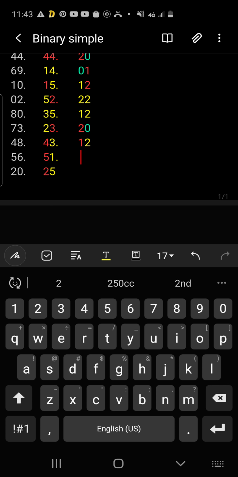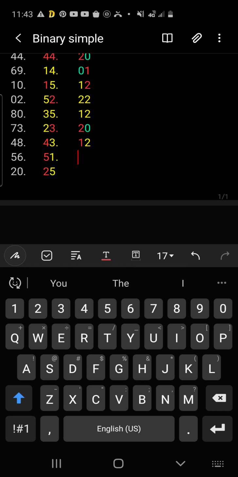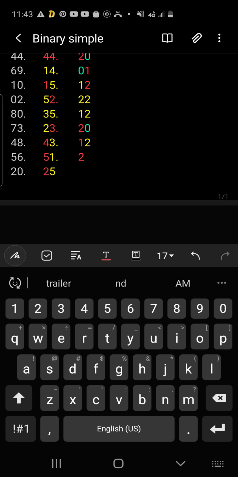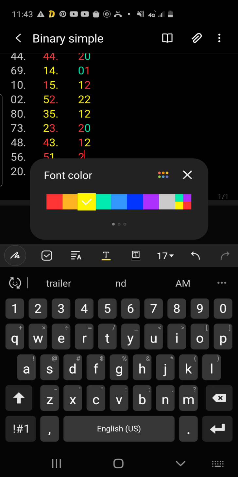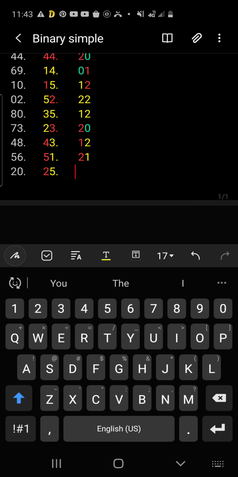All right? Plus 2, minus 1. Okay? And then that spot right here is empty. This leads to the next one. This leads to the next one.